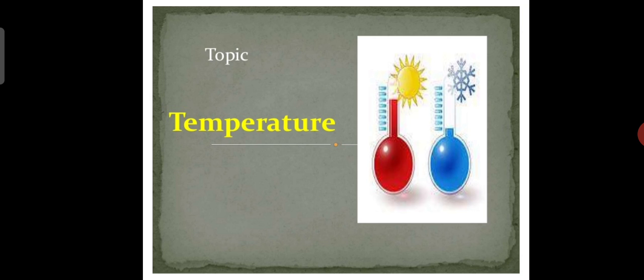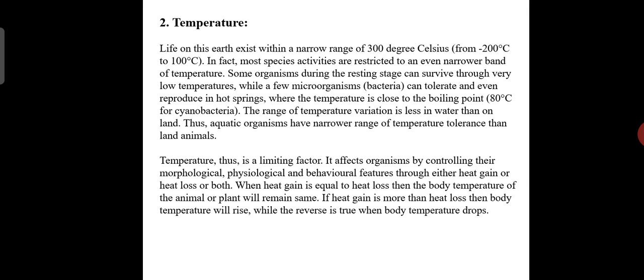So it is another important ecological factor. Here, life on this earth exists within a narrow range of 300 degrees Celsius, that is from minus 200 degrees to 100 degrees. In fact, most species' activities are restricted to an even narrower band of temperature.